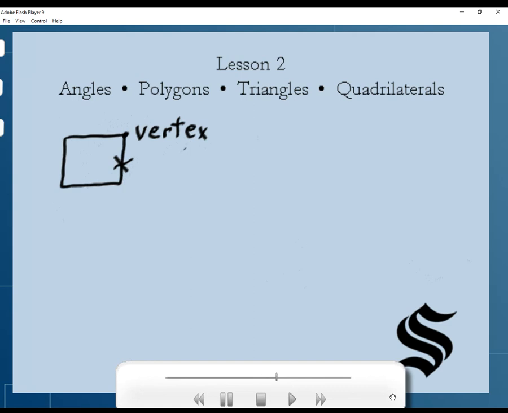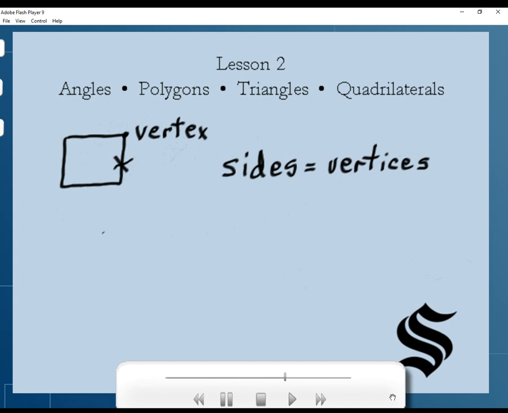The plural of vertex is vertices. And in every polygon, the number of sides is always equal to the number of vertices. However many sides the shape has, that's how many corners or vertices that shape will have.